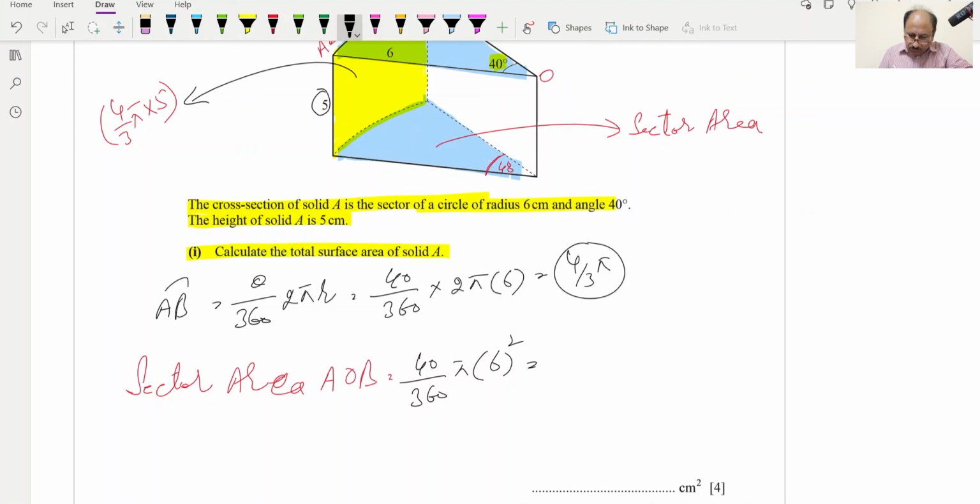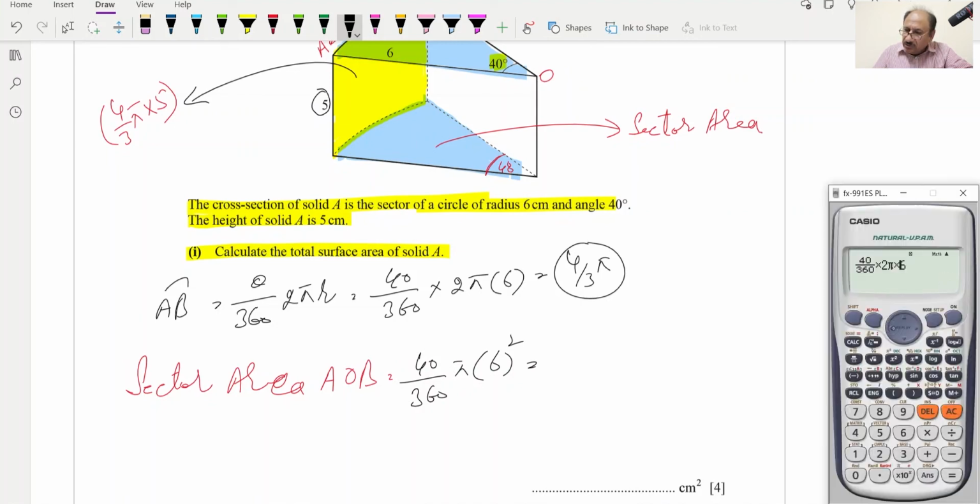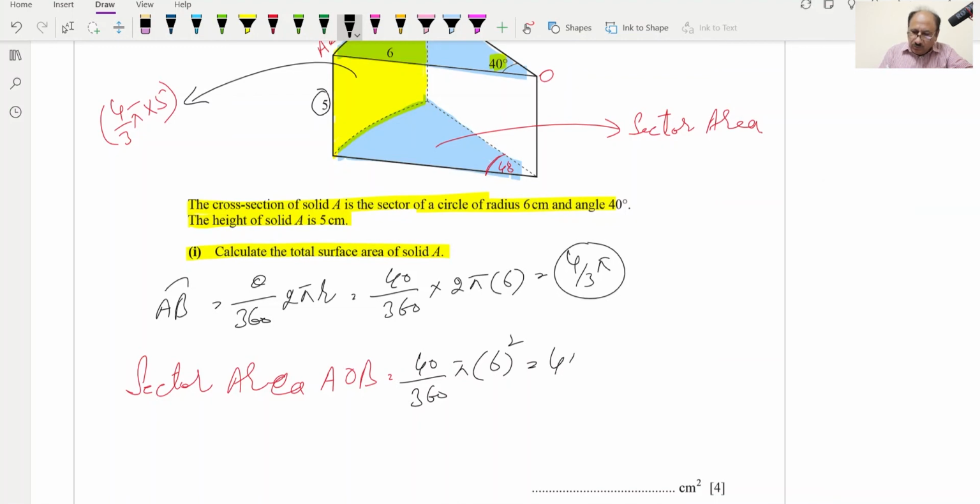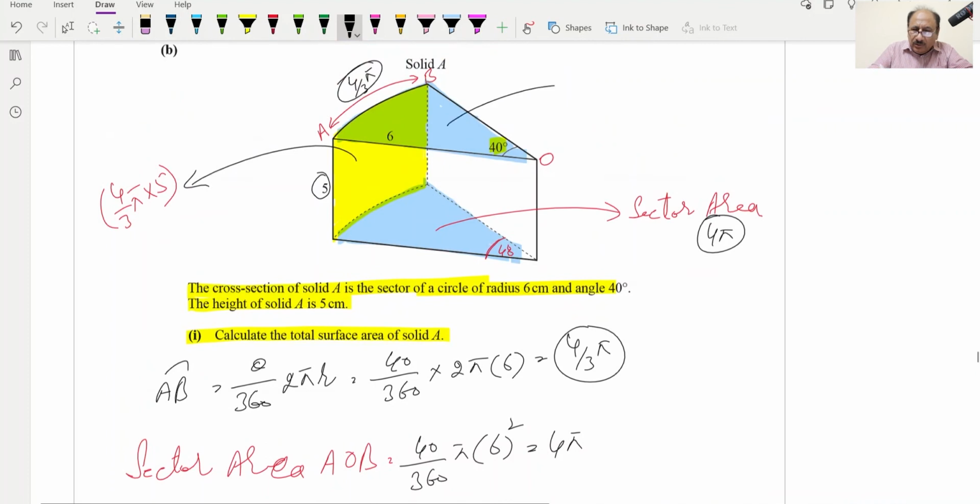And this is equal to 4 pi. We calculated this is 4 pi, and the top area will also be 4 pi.